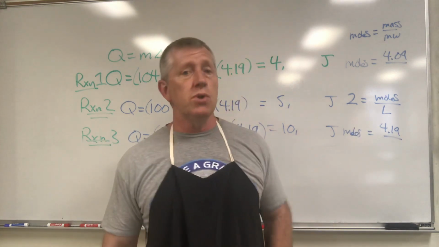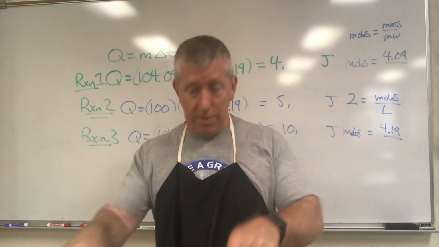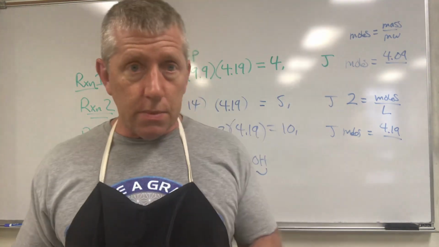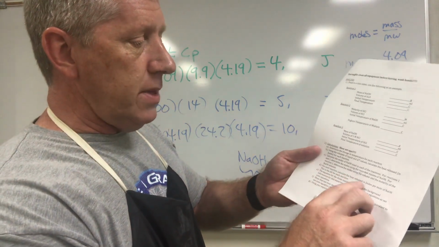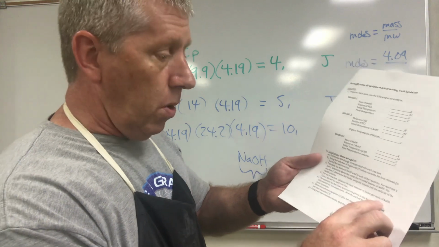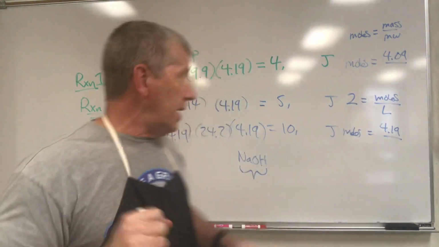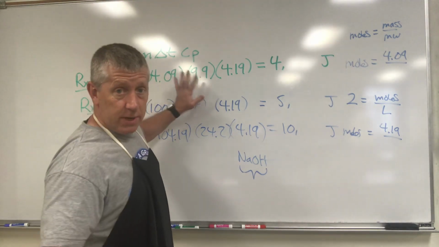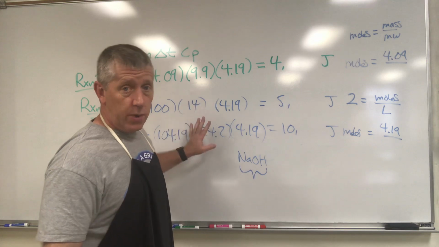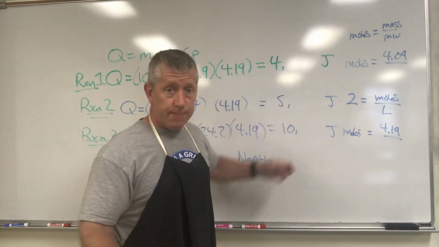All right, now the reason you need those 3 mole calculations is for the next part, part D. For each reaction, calculate the heat released in joules per mole of NaOH. That's what we want, joules per mole of NaOH. Now, wait a minute. The calculations that we did for reactions 1, 2, and 3 using the heat equation for part B gave me how many joules of heat were released.